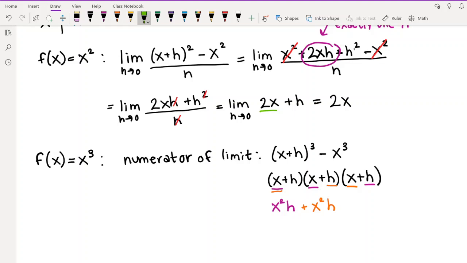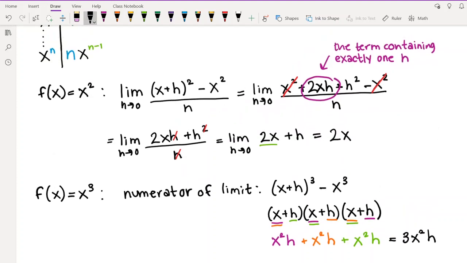Another way is, we've already done this h and that h, so we could do h times x times x. So altogether that would give us 3x squared times h. That would be the part that would survive in the numerator.